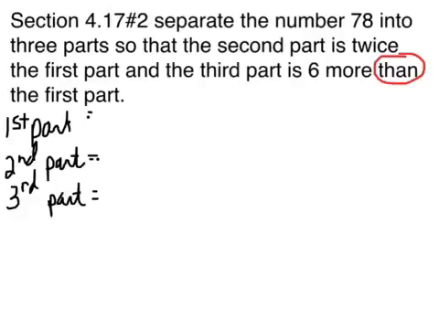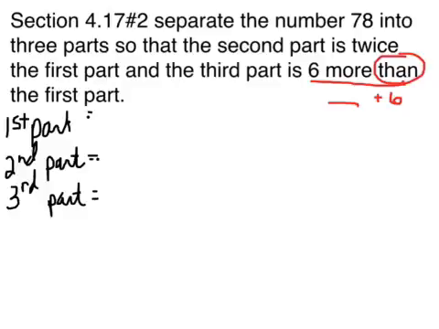Than does 2 things. It's a switching word. For instance, 6 more than means I'm going to add 6 to something, okay? And we'll talk about what we're going to add it to in a minute. But than also has another thing that can make it useful in a word problem. The thing mentioned after than or as usually tends to be the thing you want to call your variable.